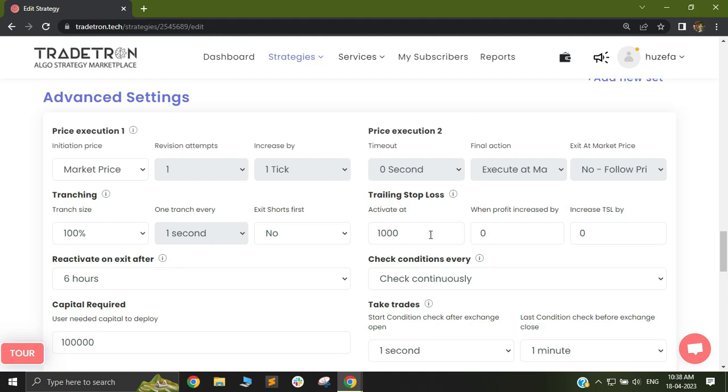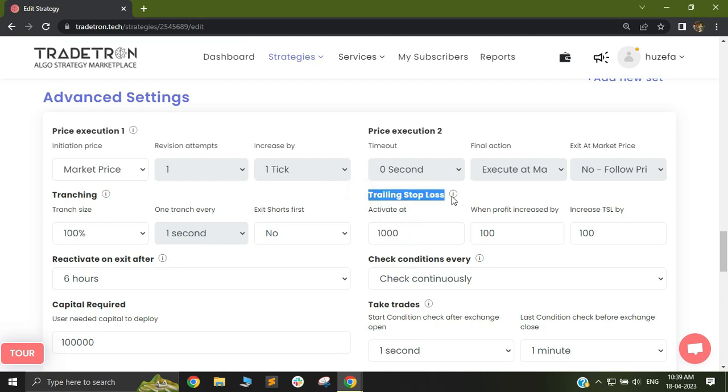All right. Now the next field that you see is when profit increases by. This means that when your profit increases by, let's say, an X number, your trailing stop loss will also increase by that X number, which is what you will input out here. So let's say if your profit increases by 100, I can increase my TSL by 100 out here. Now what this means is that when my strategy goes to a profit of 1000, my trailing stop loss is activated.